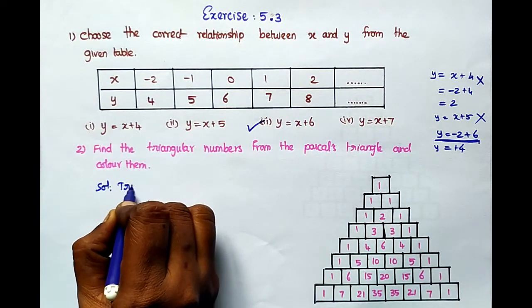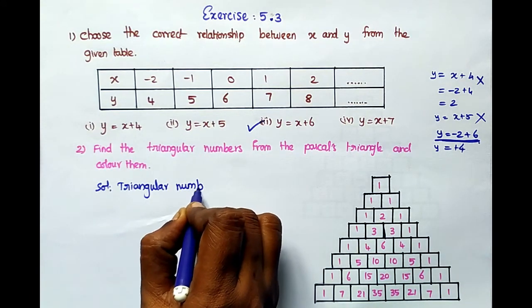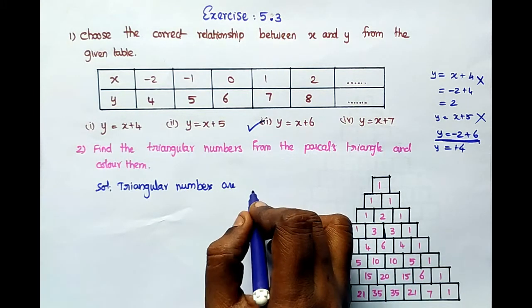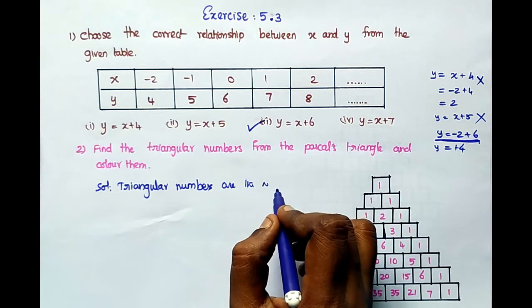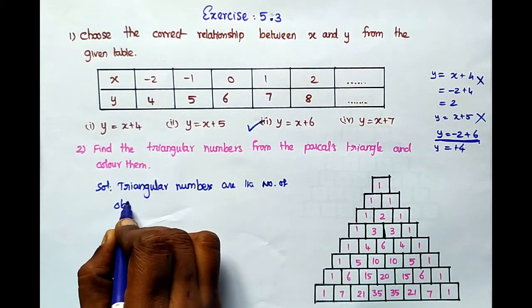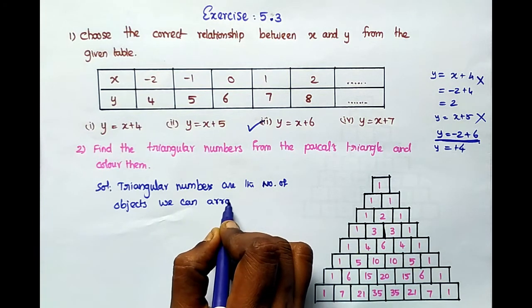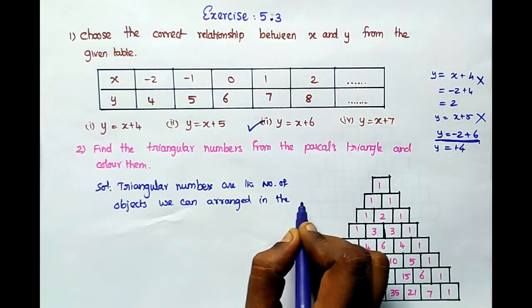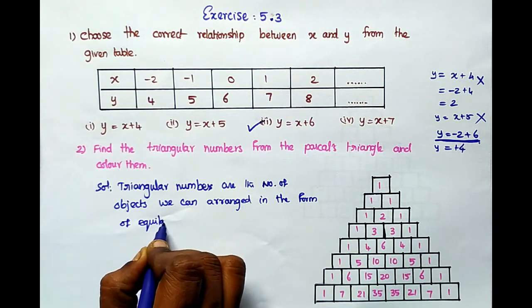Listen, triangular numbers are the number of objects we can arrange in the form of an equilateral triangle.